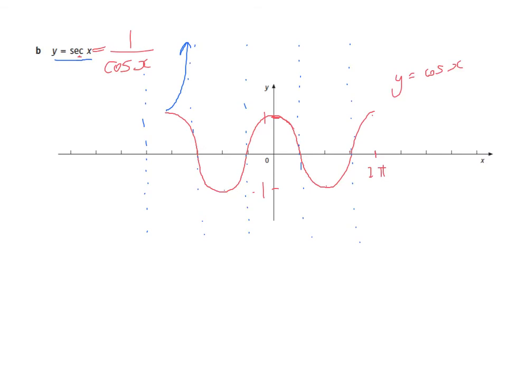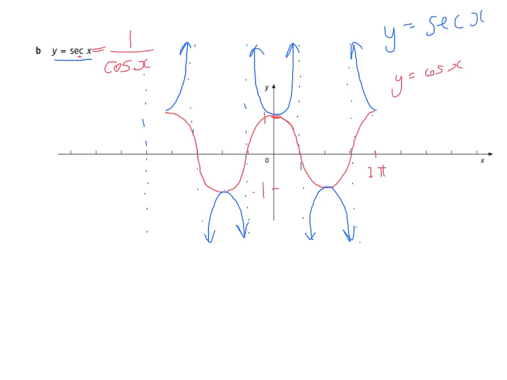The reciprocal of -1 is -1. So we're going to be going like this, like this, like this, and like that. So in blue I've just got sec x between -2 pi and 2 pi.